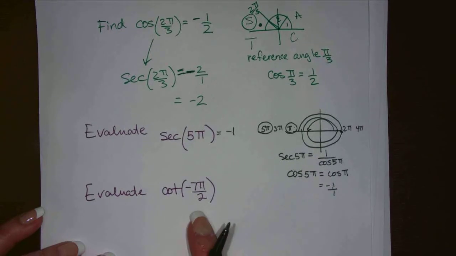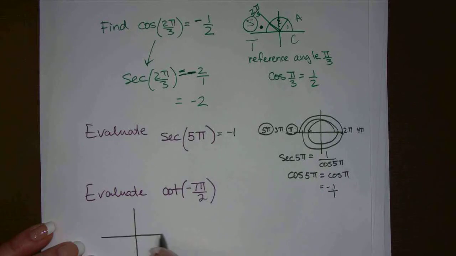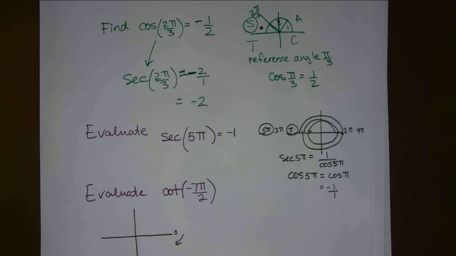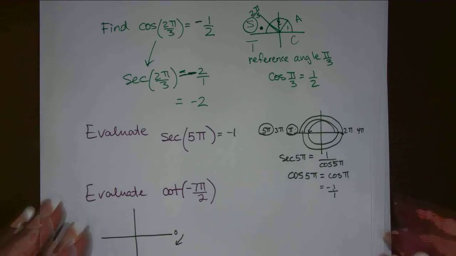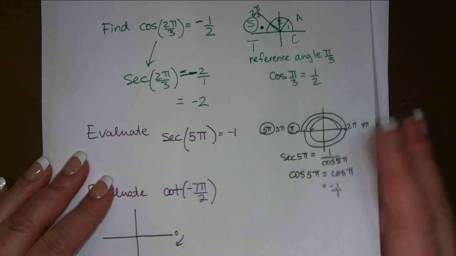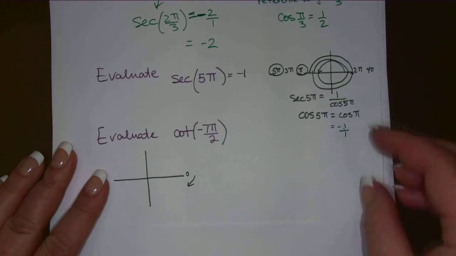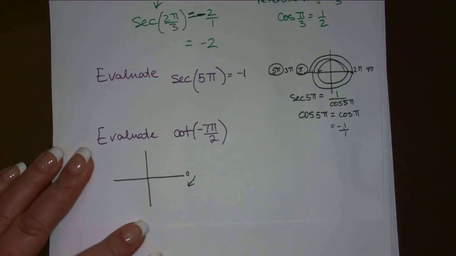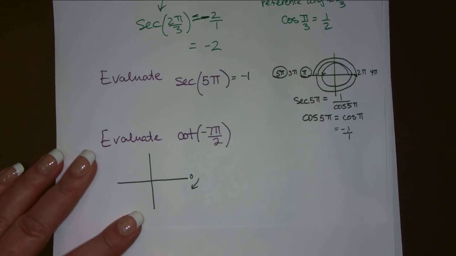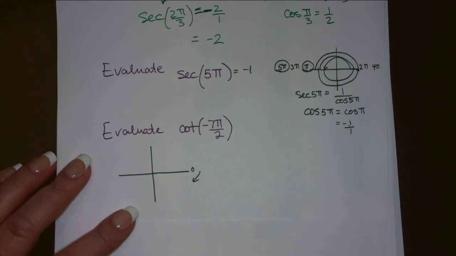Draw the angle. Now this is going backwards, so try it. We're going to go in this direction. See if you can land on the right axis. Do we get it?